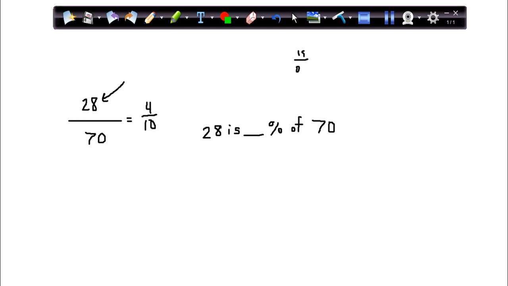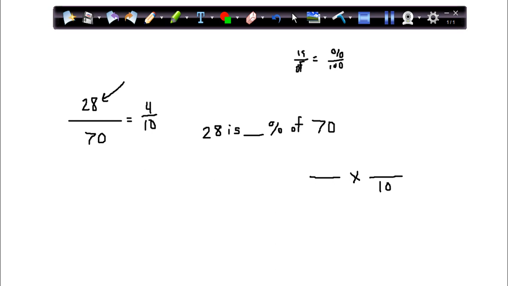So I'm going to show you both ways. Equal percent over 100. And we're just going to plug in the values. We know this is going to be a cross multiplication and division problem. So 100 is always the same.